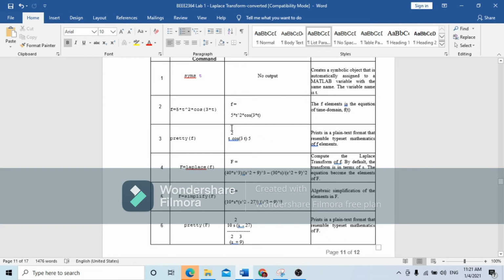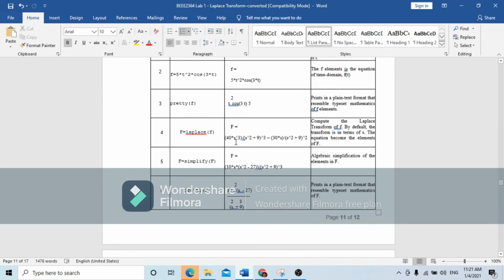So here is the typeset mathematical format.